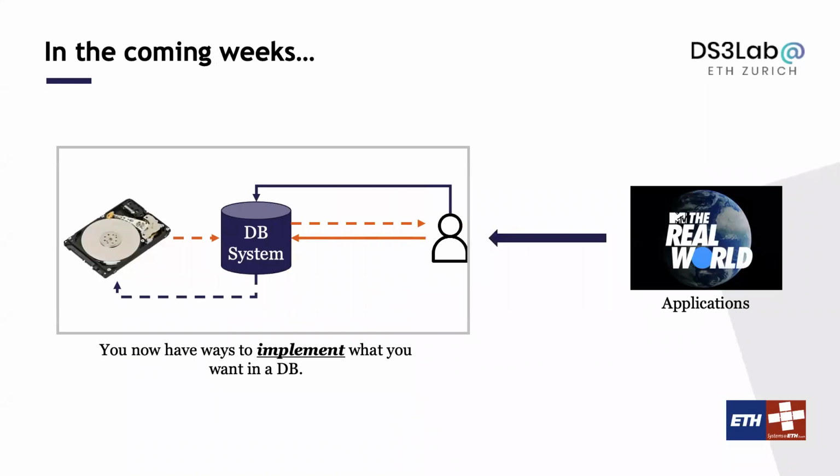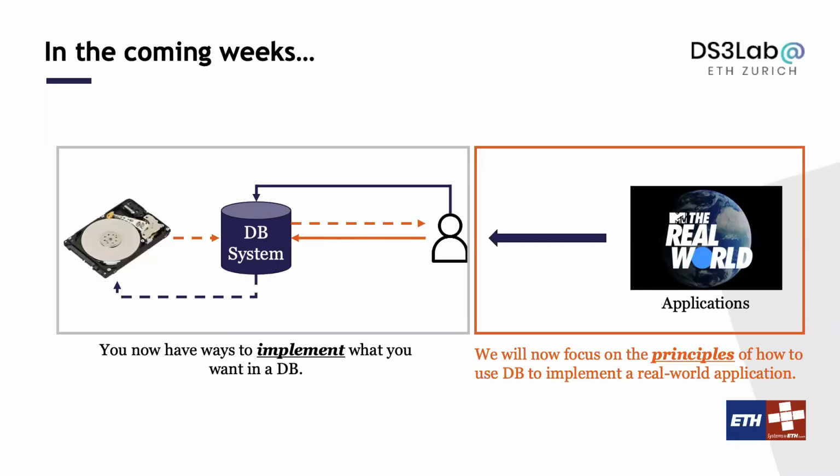But if you have an application you want to build, you need to think about how to translate that into a sequence of queries to a database system. How can I design my schema? How can I model my application? From last lecture, we started to talk about how to use the database system to build real world applications. We talked about the principles.